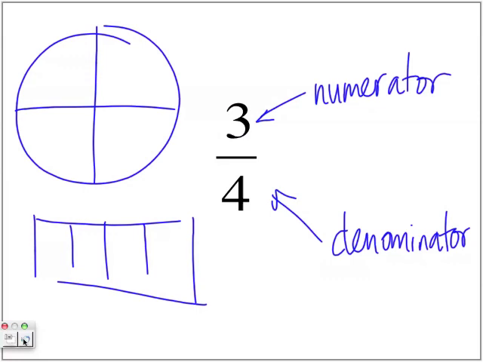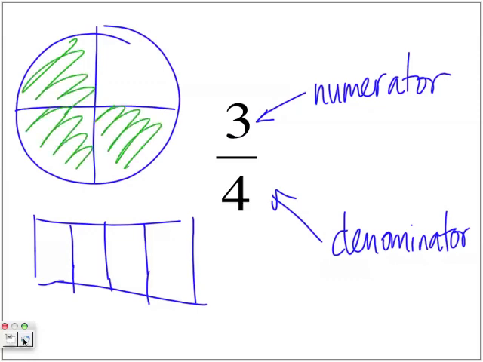Whenever you show it in a diagram, all the parts should be equal in size. Bear with me with these sketches. Of these 4 pieces, how many am I referring to? 3 of them. So I'm going to color in 1, 2, 3 out of the 4.